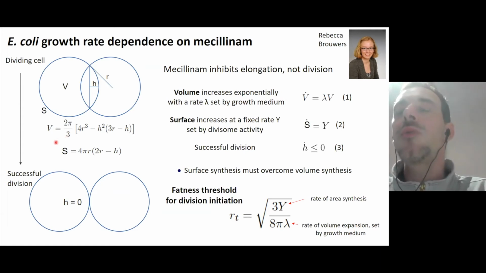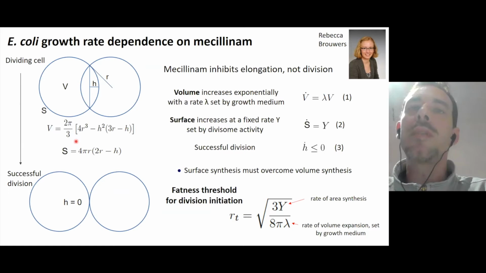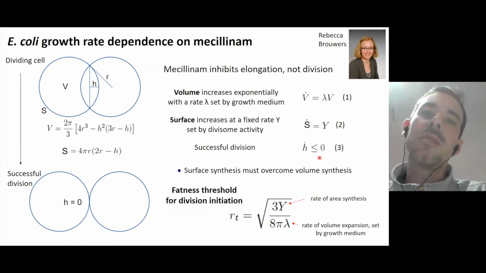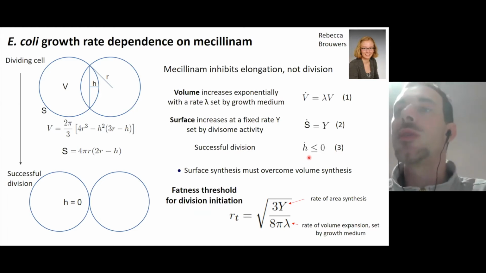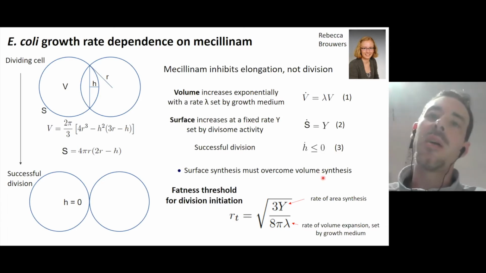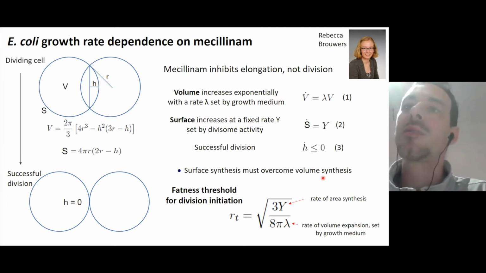And the successful division, as I told you, depends on this parameter H that should decrease over time. So the division is successful when the surface synthesis is able to overcome the volume synthesis. If you produce much more volume than surface, the cell lyses. If the surface is enough to keep all the volume inside, the division is successful.